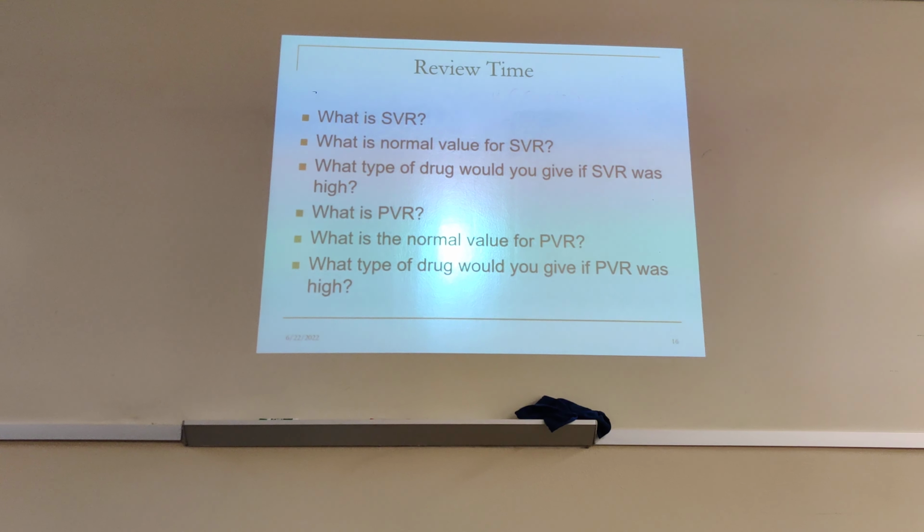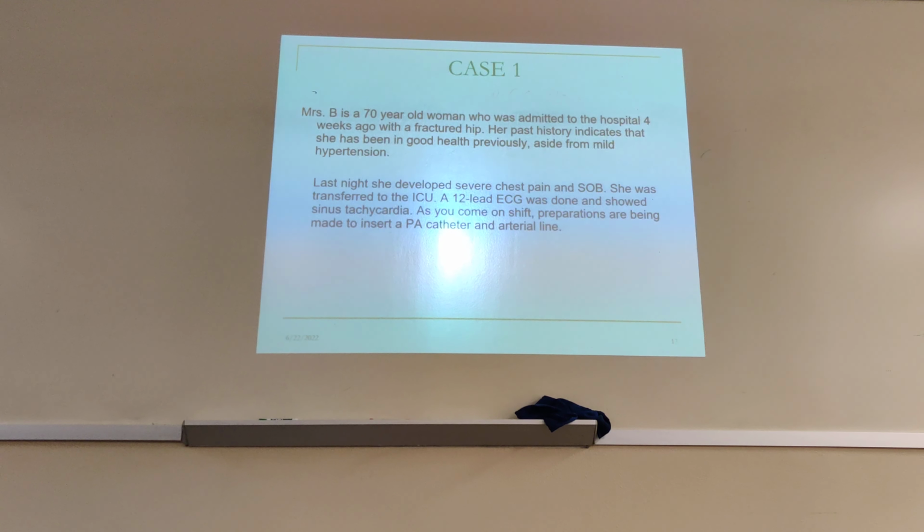What is PVR? That's the afterload of the right side of the heart. What is the normal value for PVR? Well, that's 150 to 350 dynes. What type of drug would you give if PVR was high? Well, I would give things like Viagra, Cialis, nitric oxide, oxygen. Those are pulmonary vasodilators.